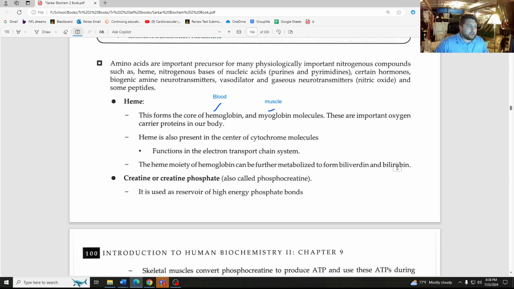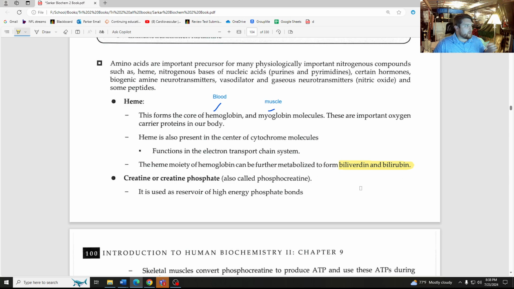biliverdin and bilirubin. We'll talk more about biliverdin and bilirubin. These are going to be very, very, very important, especially bilirubin, when we talk in the future about liver, gallbladder health, kidney kind of stuff, as well as a lot of our lab tests.